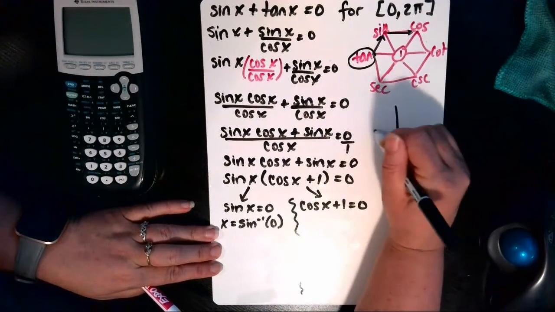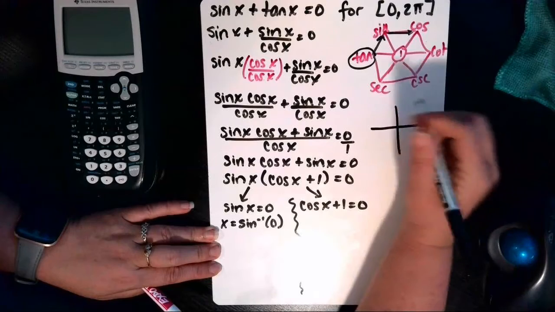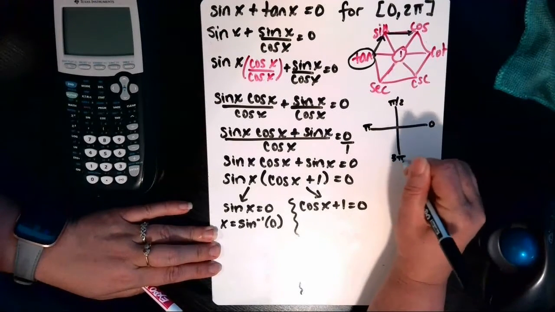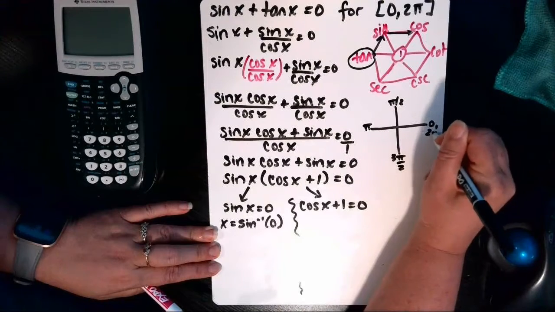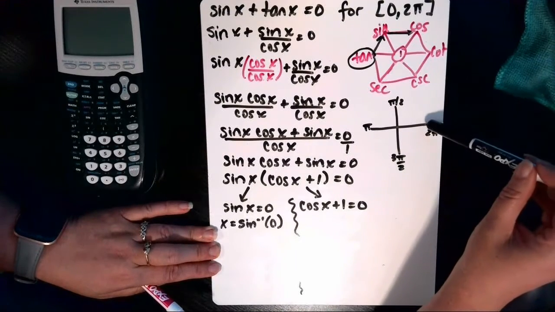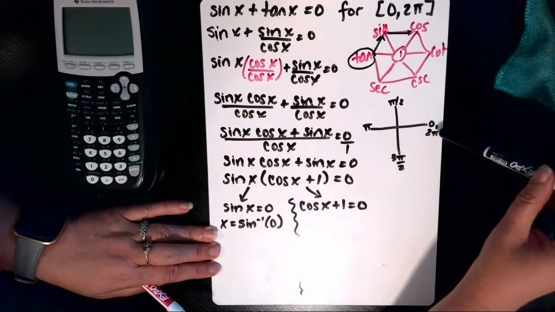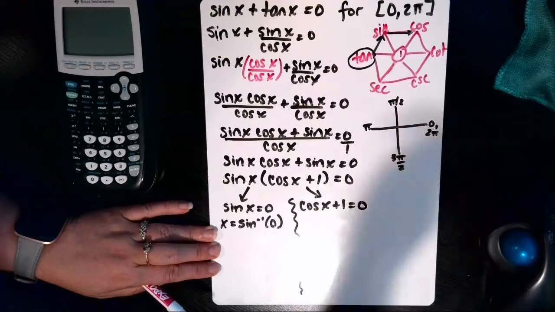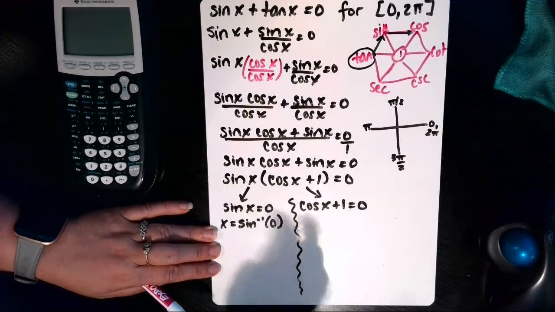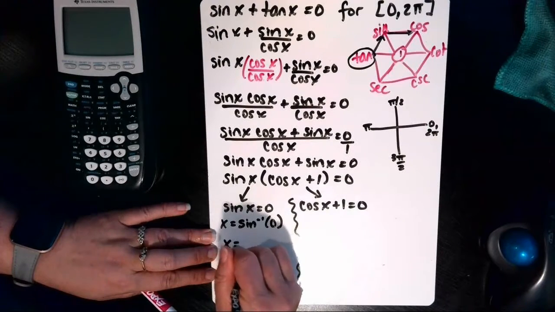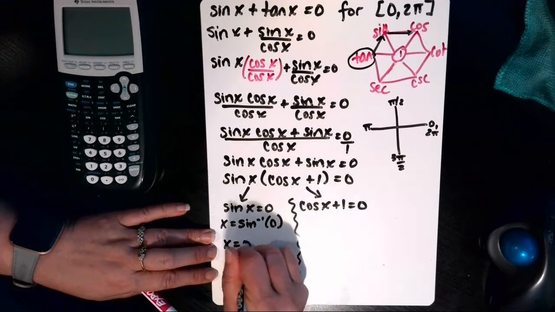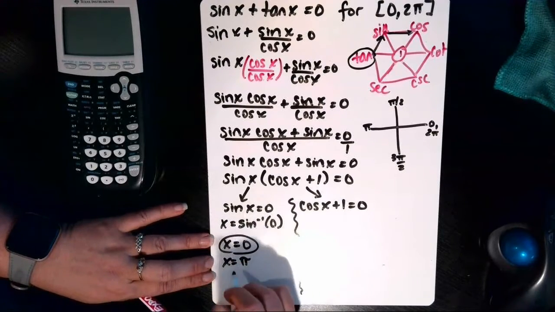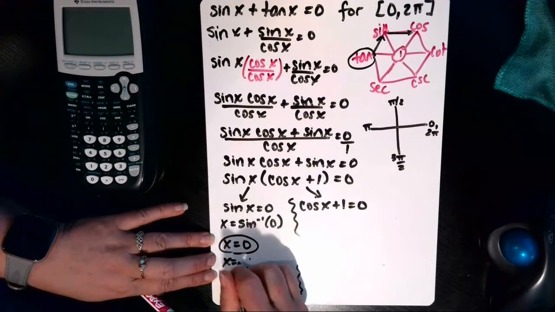So if we were just to sketch out our quadrantal angles here, this is 0, pi over 2, pi, 3 pi over 2, and then back again to 2 pi. And at 0 radians, which is coterminal with 2 pi radians, the coordinate there is (1, 0). So it has a y-coordinate of 0, which means it would work here. So x could be equal to 0, or x could also be equal to 2 pi.